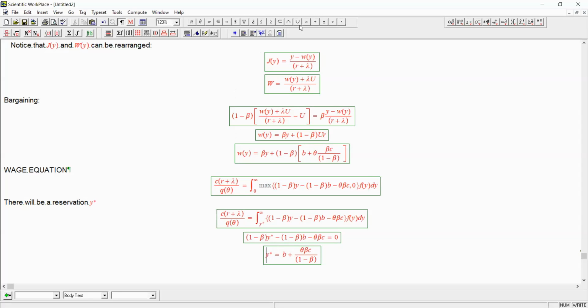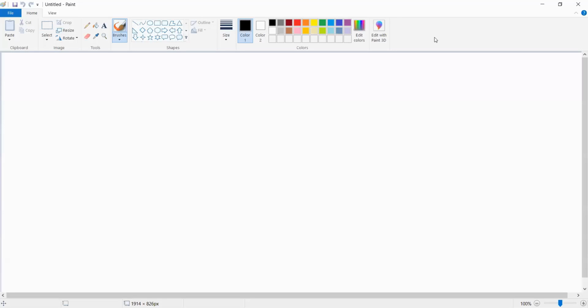Now, as before, we can use graphical intuition to show that an equilibrium, if it exists here, is unique. How so? Well, once again, we can do so by drawing graphically in this relevant space. Before, it was the space of the reservation wage W star, but now it's the space of the reservation output Y star.